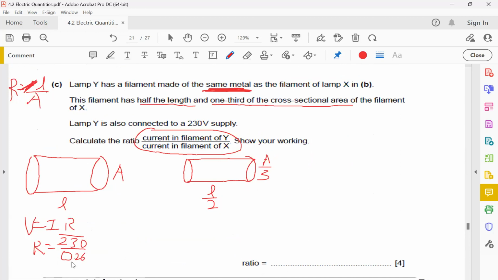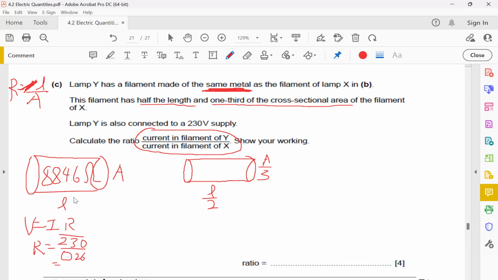Press this in your calculator and how much will you get in terms of resistance? 800 over, so big. All right, give me a calculator. 884.6 ohms.